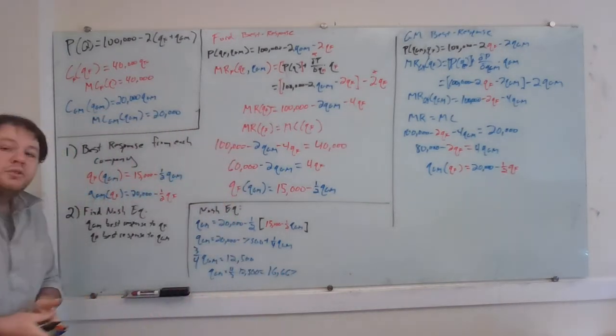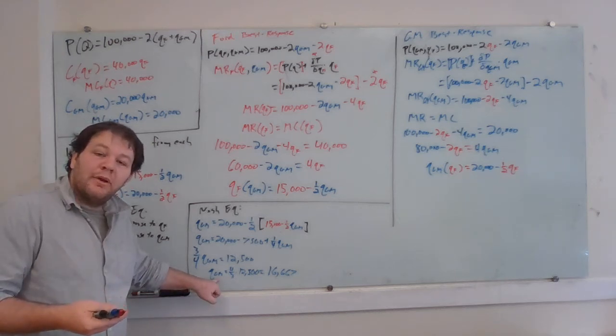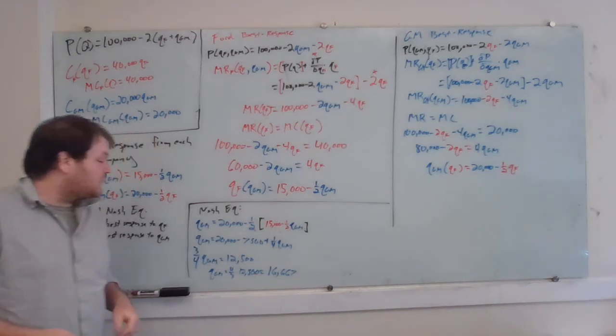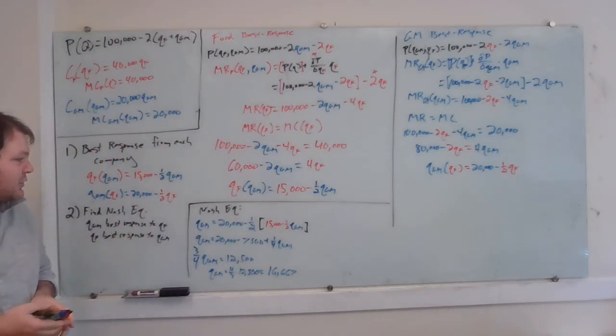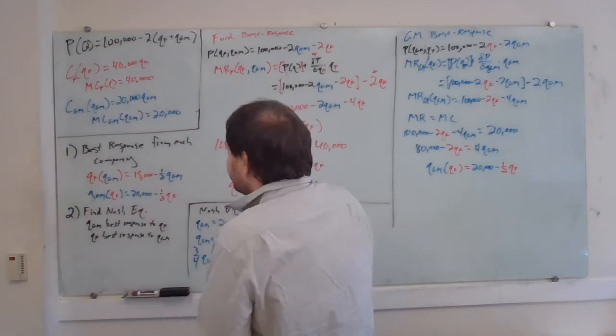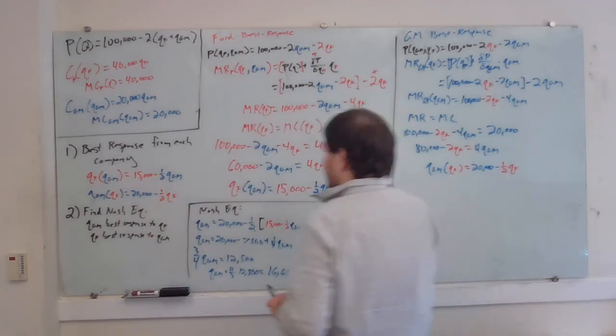Okay, great. So what we're saying is, when GM is producing their optimal amount in response to Ford producing their optimal amount, GM is going to end up producing 16,667 trucks. How about Ford? Well, Ford has to produce their best response to 16,667, right?